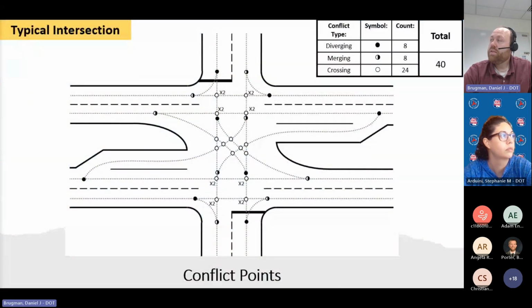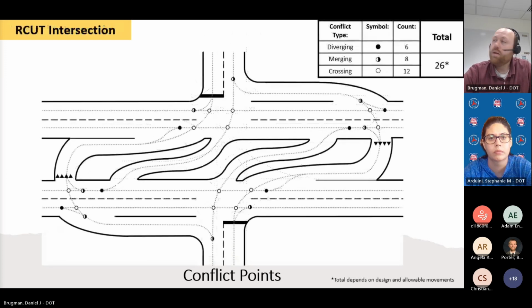So now we'll get into the conflict points that I've been talking about. At a traditional intersection, there are 40 conflict points, with the majority of them in the center middle part of the intersection. 24 of these conflict points are due to the crossing maneuvers. When we have an RCUT intersection, that cluster in the median is eliminated, and we reduce those conflict points significantly.